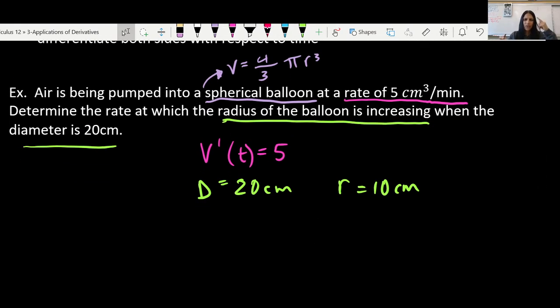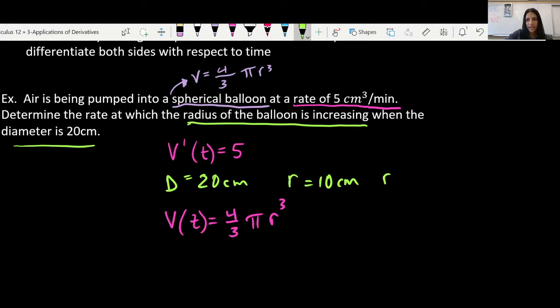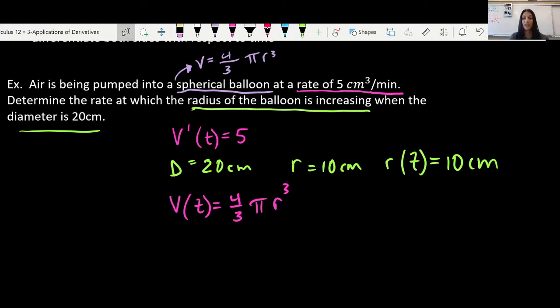So it's helpful to keep that in mind as we're working our way through this. So we want to rewrite this to say V of t is equal to 4/3 pi r cubed. And another way that we can write r with respect to time is r of t in function notation, which is equal to 10 centimeters as we were given in the question.